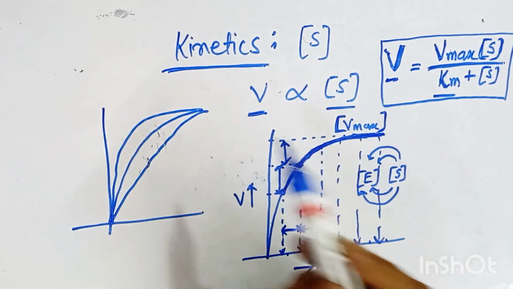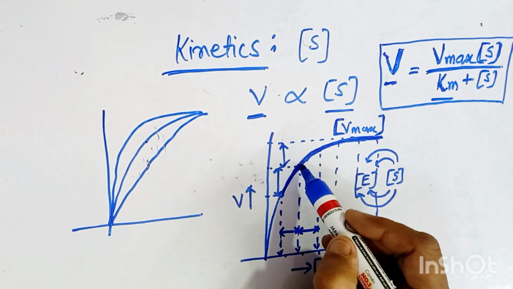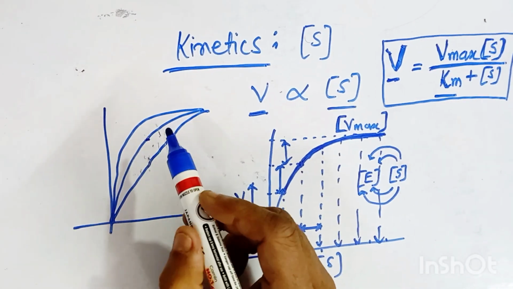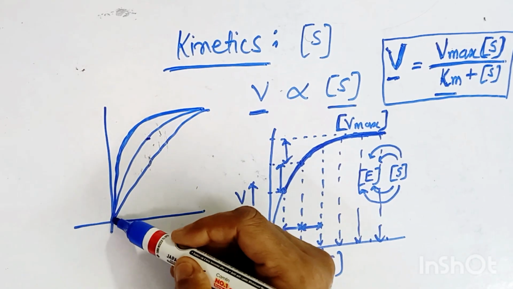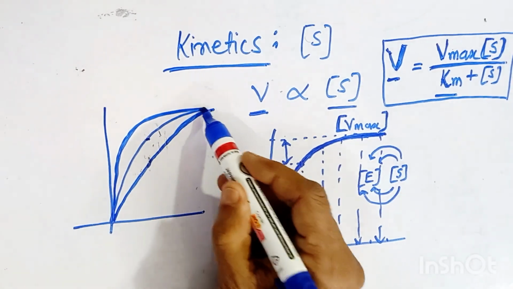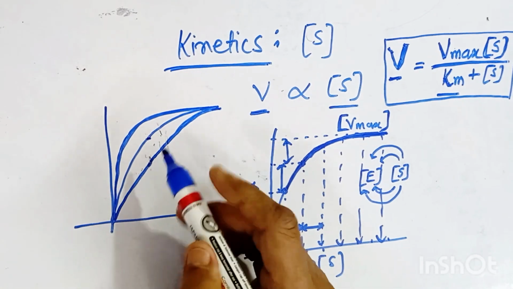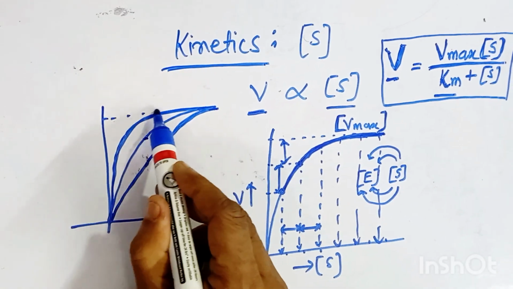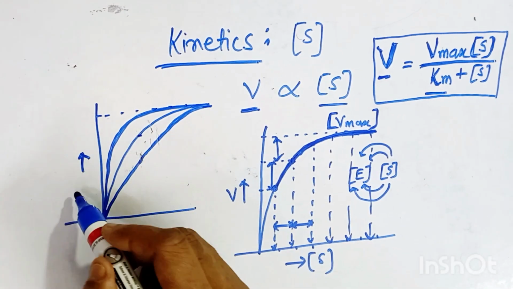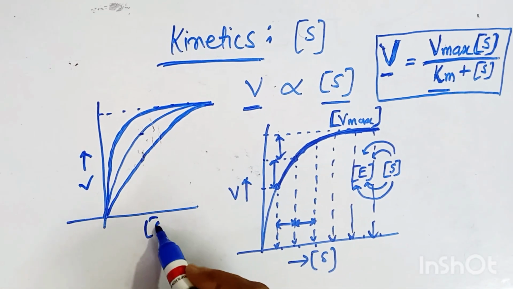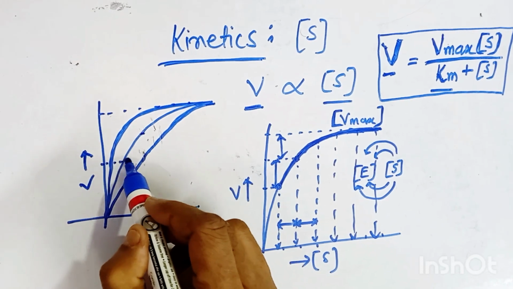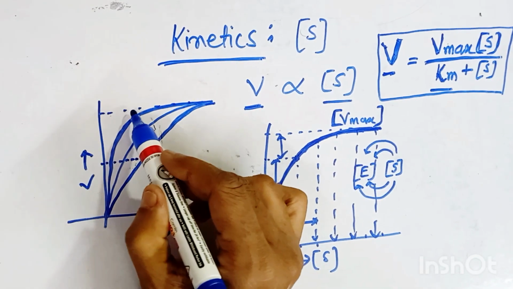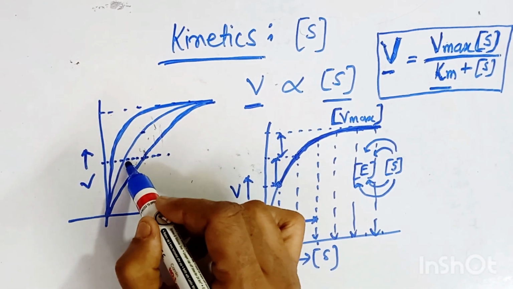If this was the original rectangular hyperbola, this is also a rectangular hyperbola, and this is also another curve. So here the Vmax is the same, because here we plotted velocity with substrate concentration. Half of Vmax is also this line. If this is the maximum velocity, this is half of maximum velocity.